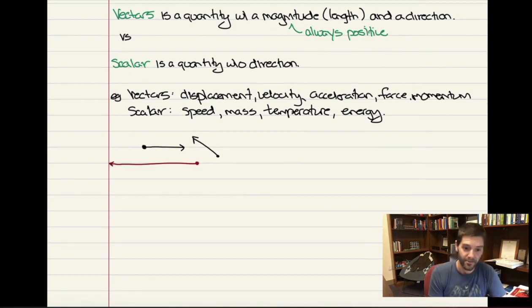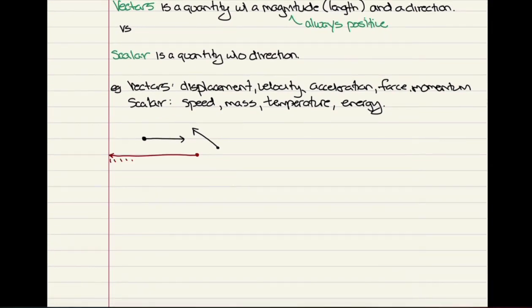It's pointing in another direction, but has a much larger magnitude or length. If I were to put down a ruler and measure the length of this vector, the length of the arrow equals the magnitude. And which way the arrowhead is pointing tells you the direction.